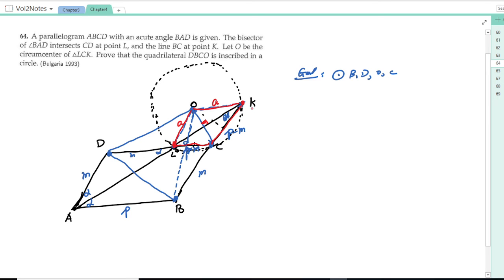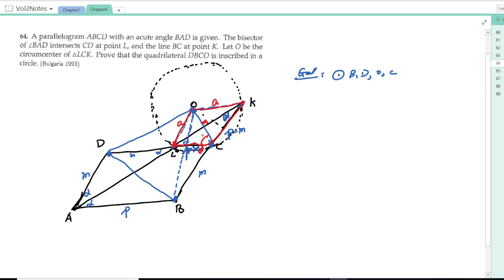Then we can see the angle. What we want to prove is that either this angle equals this angle. This angle is alpha, right? We can prove this angle equals this angle. So now let's see, okay? Because it's a kite, we can parameterize this angle and this angle, right?